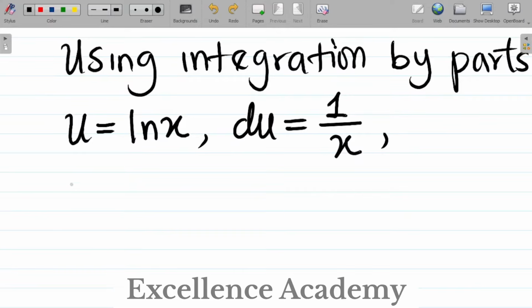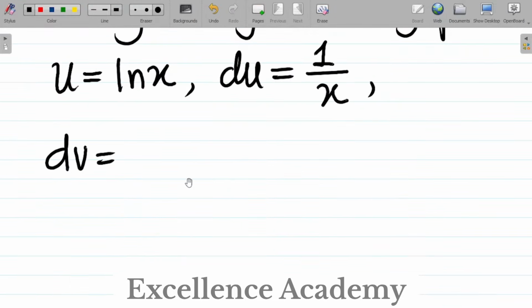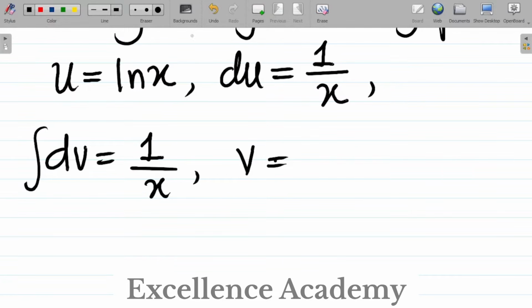So from here, dv is equal to 1 over x. From here, let's get the value of v. To get the value of v, I'll have to integrate dv, which means integrating 1 over x. And if I integrate 1 over x, I'll have ln x.